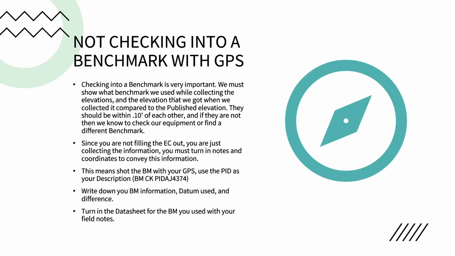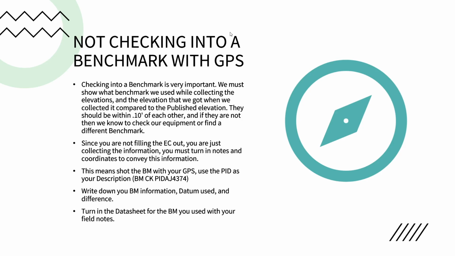All right, so, not checking into a benchmark with the GPS. This is a huge one. If you're out there with your level and you're running a loop from your benchmark to the house and back to the benchmark, obviously this does not pertain to you.